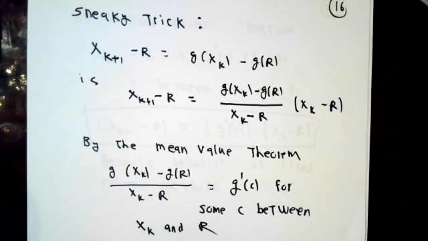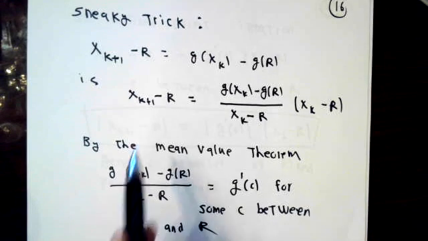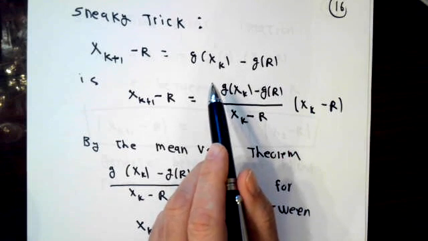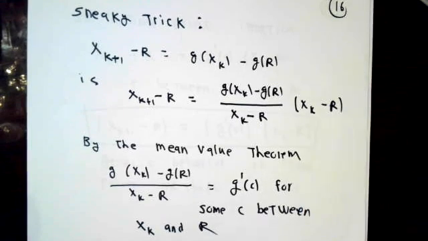Of course, in code, you would check to see if x_k was actually a fixed point of the g function before you did this, in which case you would stop, and if it isn't, you would go on with your calculation. x_{k+1} minus R is the slope of that secant line that we were talking about times x_k minus R. By the mean value theorem, this fraction is equal to g prime evaluated at c for some number c between x_k and where you're hoping to end up.